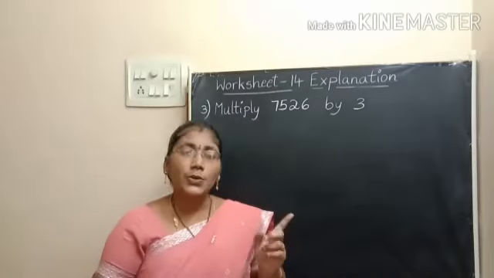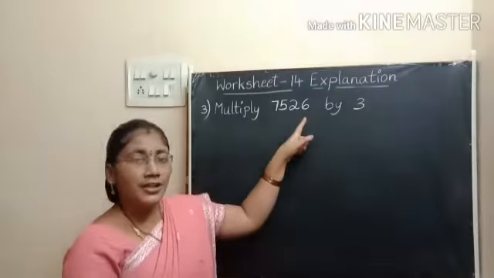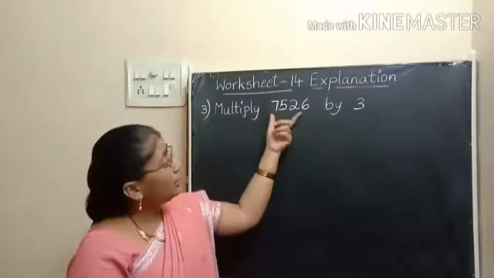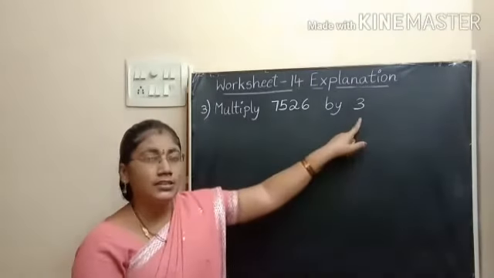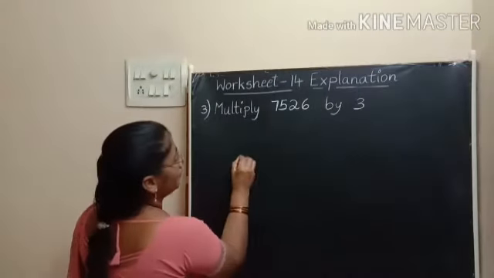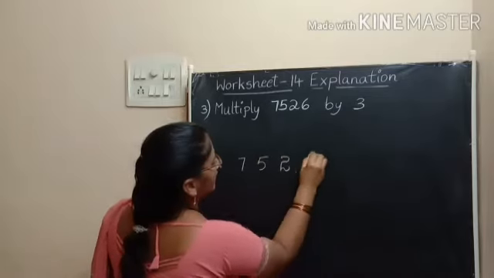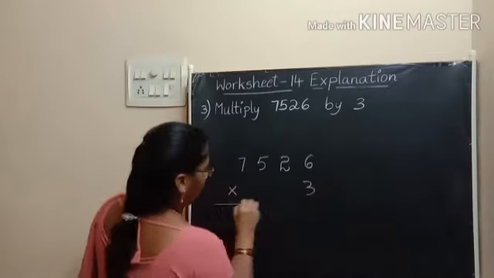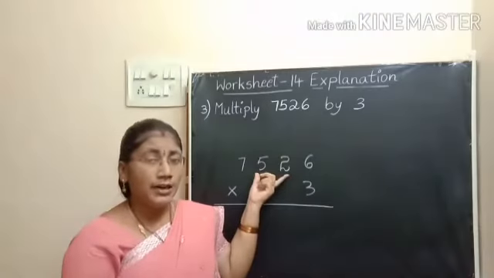Children, the next question is multiply 7526 by 3. Here 7526 is the multiplicand, 3 is the multiplier. Now we should write 7526 into 3. Here how many digits are in the multiplicand?